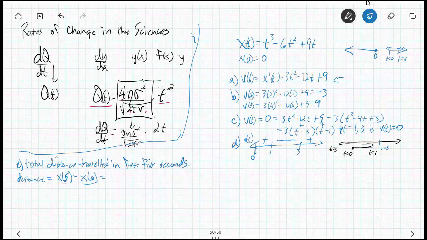Well, if I took the distance from here to here, that would be about 1, 2, 3, 4 units. But the thing has gone this many units this way, this many units this way, and this many units this way. So it's moved to the right, then the left, and then the right. And x of 5 minus x of 0 does not take any of that swerving back and forth into account. None, 0. So this is not distance.